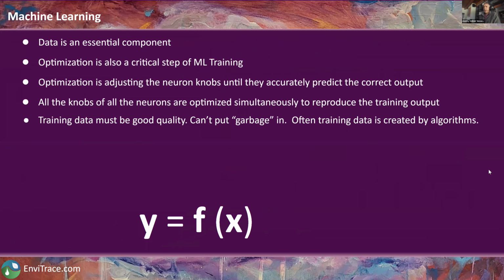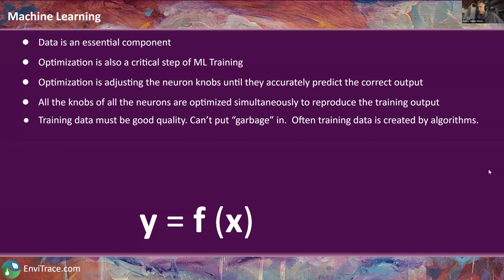Hopefully you see my slide, which states the data is essential component. When you perform machine learning, we need to have data, we need to have knowledge, which gives us information of what we're doing. Optimization is done when we perform the analysis, and this is also another critical step. This is adjusting the knobs of the neural network, and all the knobs need to be trained simultaneously.